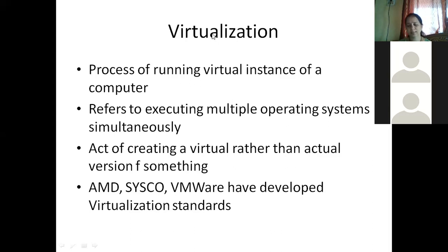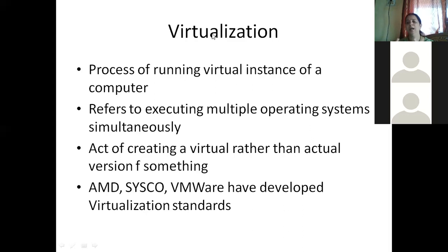How is it that the same hardware present on a computer is made available to you through two operating systems? It is possible because of this concept called virtualization: the act of creating a virtual rather than actual version of something.